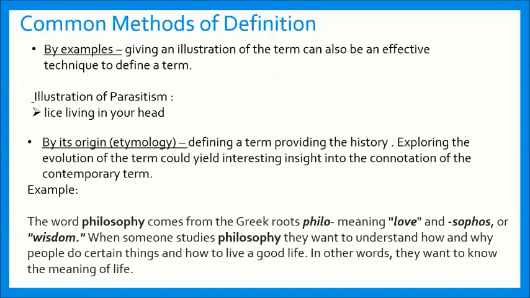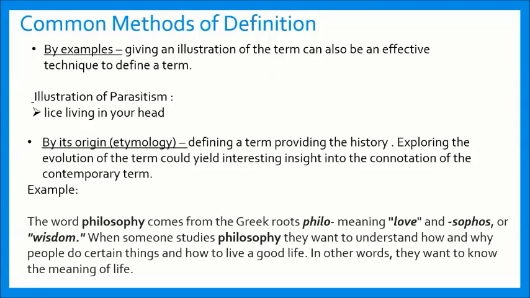I'm not sure if you were able to encounter such. When you look for a definition using Google, there are sometimes definitions or terms which are from Greek or Latin, and how the word evolved from that original term until the term that we are using now.